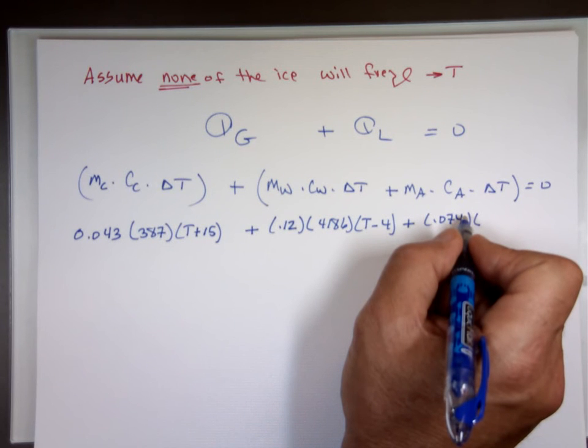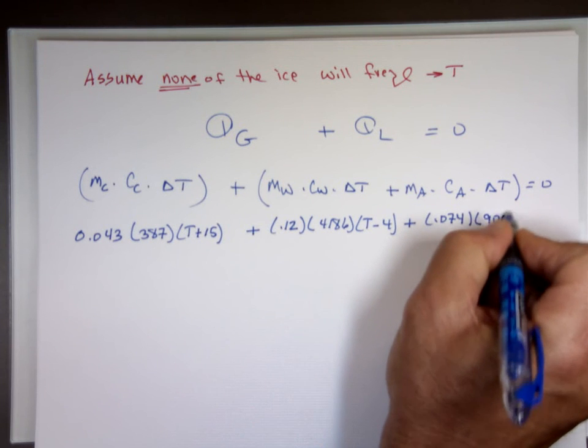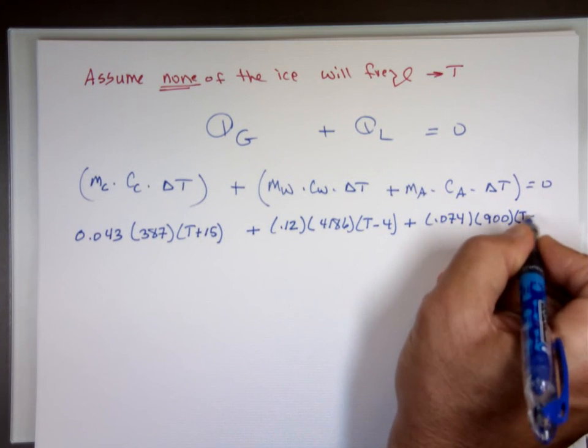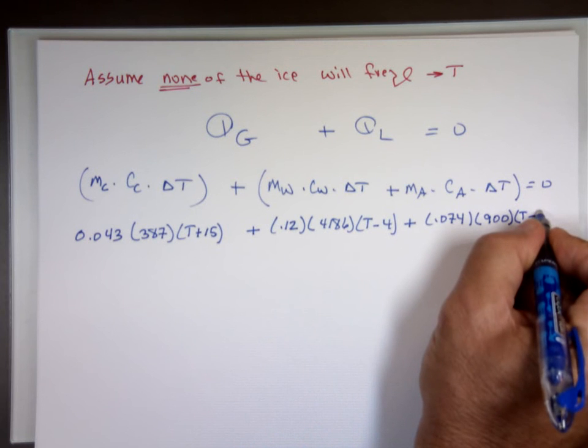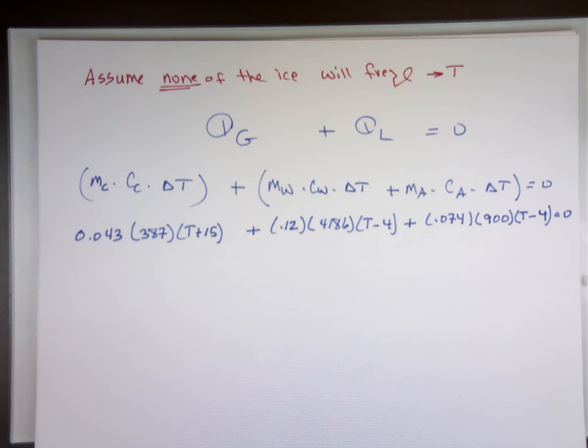Oh, aluminum is 900, I'm sorry, 900. And final temperature, T minus 4. Hopefully this will do it. That's the only option. So if this doesn't work out, that means I multiplied somewhere wrong.